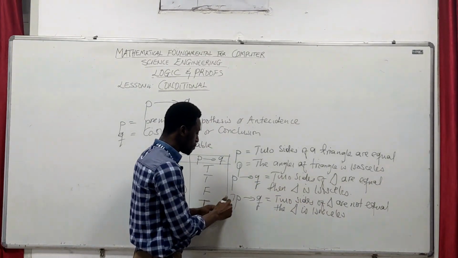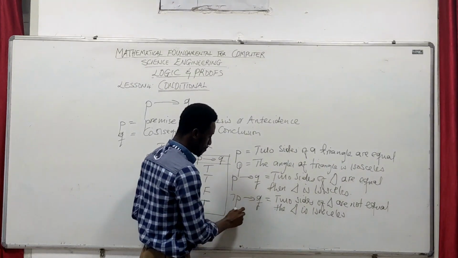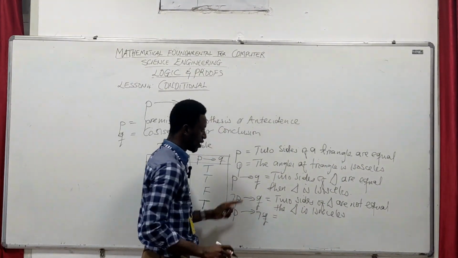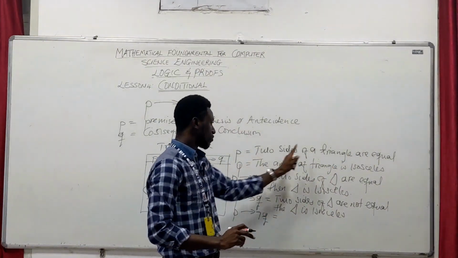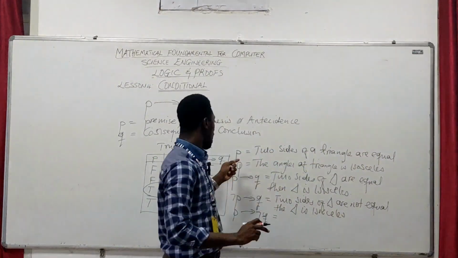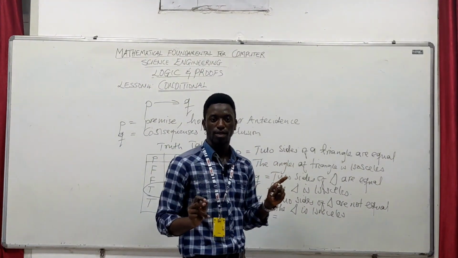So now if you use the negation of Q, P implies negation Q says the two sides of a triangle are equal, because P says the two sides of a triangle are equal. So negation of Q means the triangle is not isosceles.